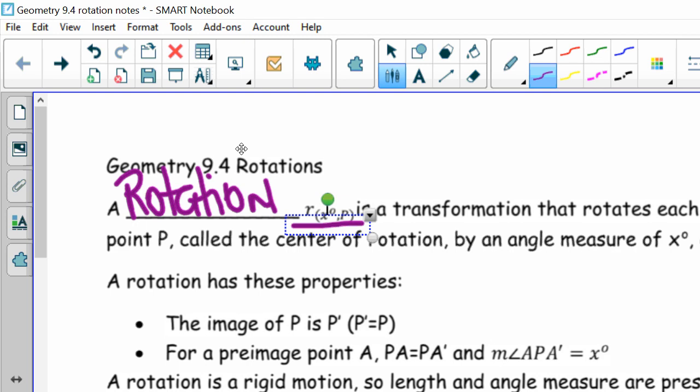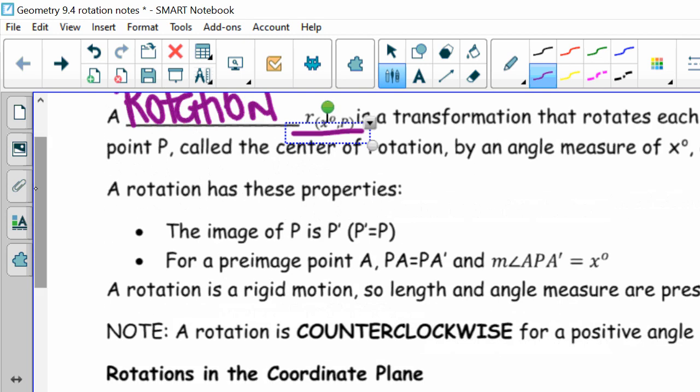A rotation has these properties. If we look at this picture over here, I have triangle ABC. If I am rotating about the point P, the image of P is P prime. For pre-image point A, the length between A and P and A prime and P is the same, and the measure of the angle A prime is x.